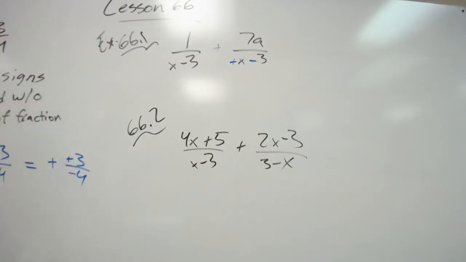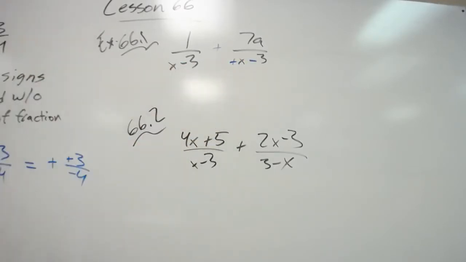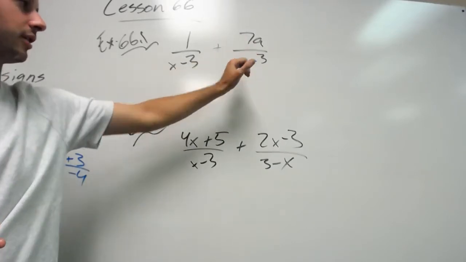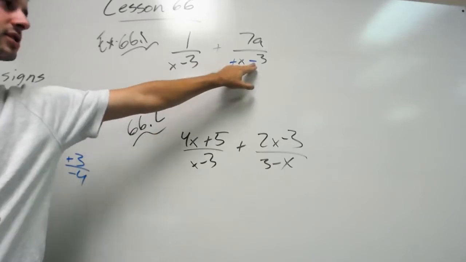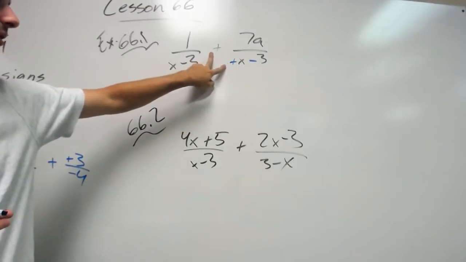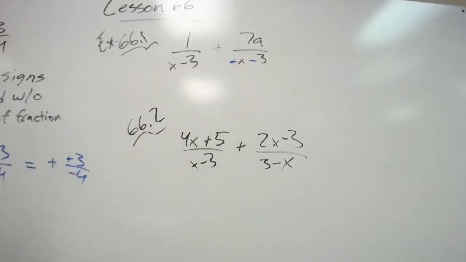Now I know I changed three signs, but what actually happened is this is its own identity. The negative 3 doesn't affect the value here. It's the x that does. So when I changed this one, I actually had to change that one as well. I changed these two signs ultimately, and then this one just went along with the identity of the sum.